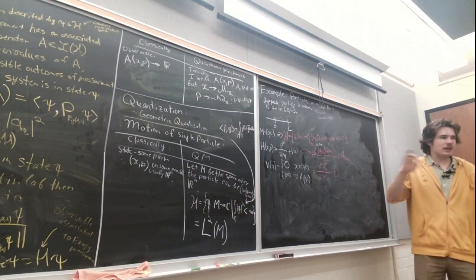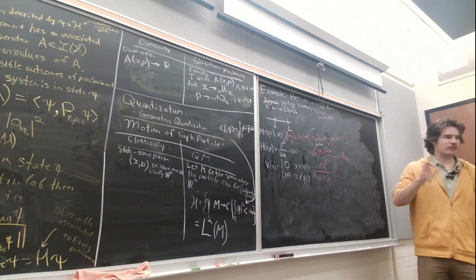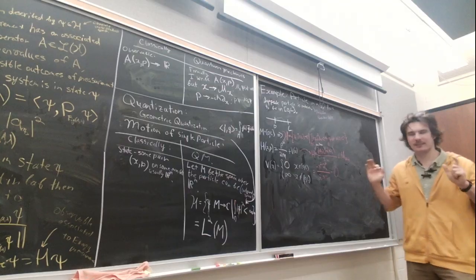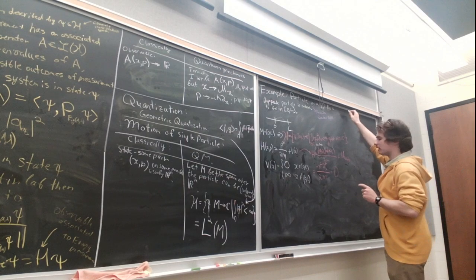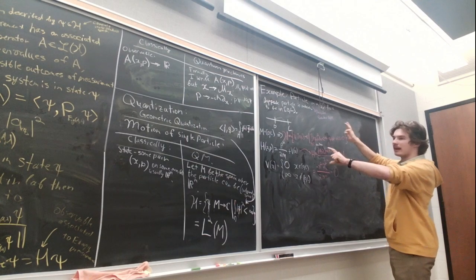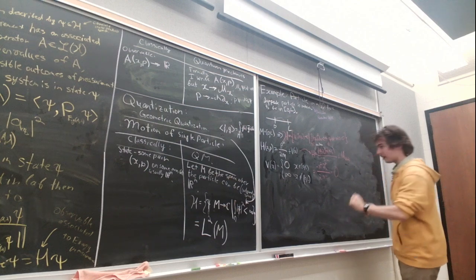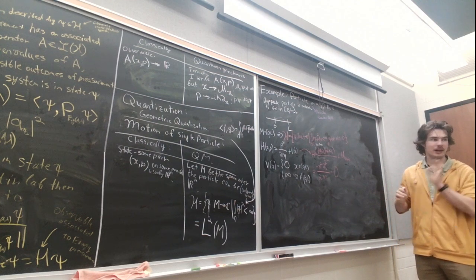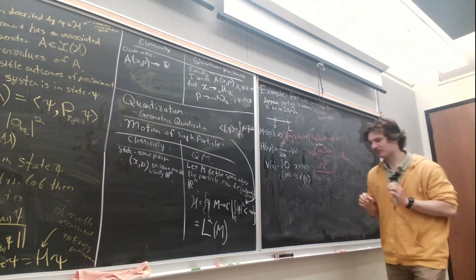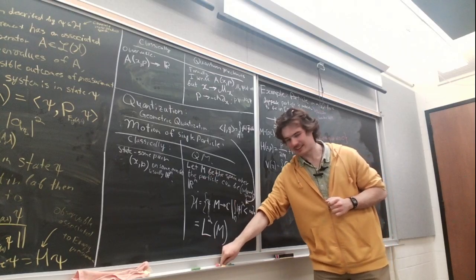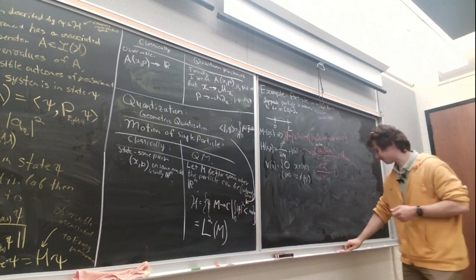How you manufacture these quantum dots, I don't know. I have not read about this, but this actually has some relation to reality, unlike the 0+1 dimensional quantum field theory. I don't think that has any relation to reality.